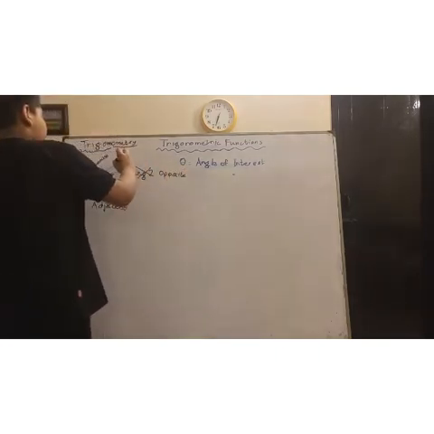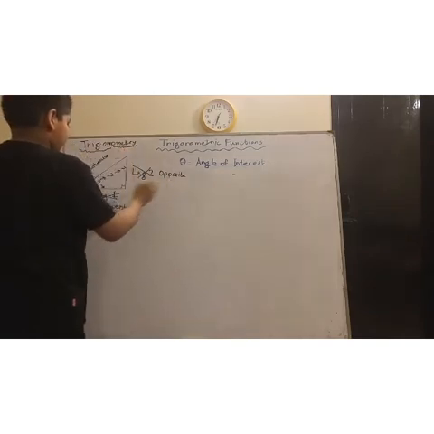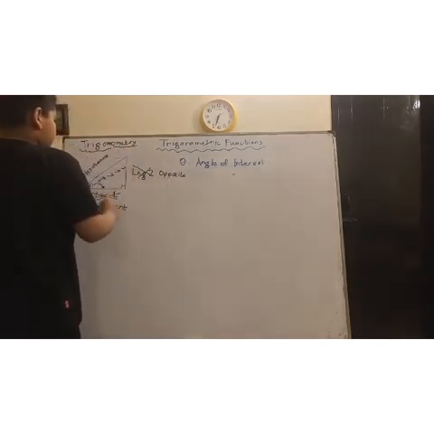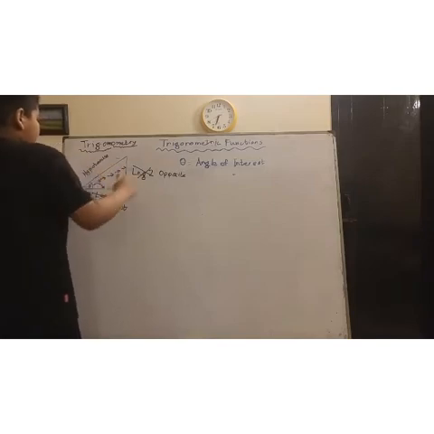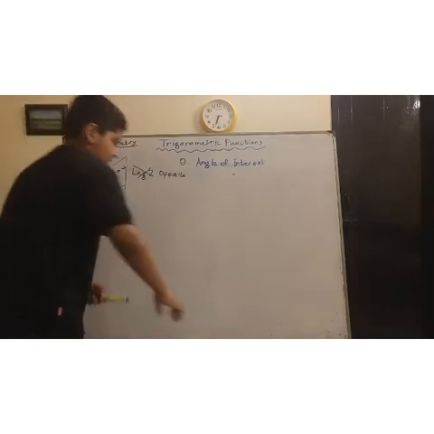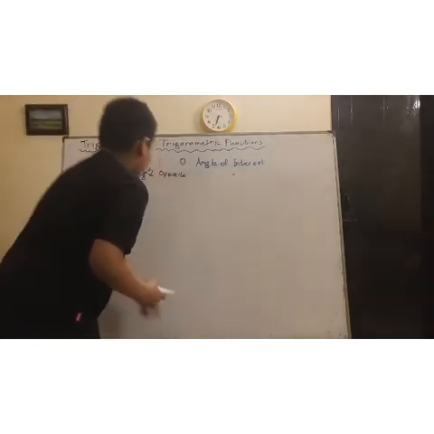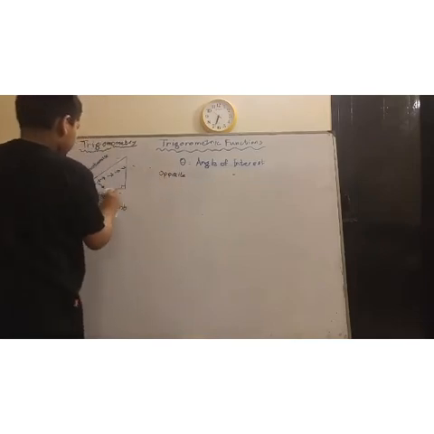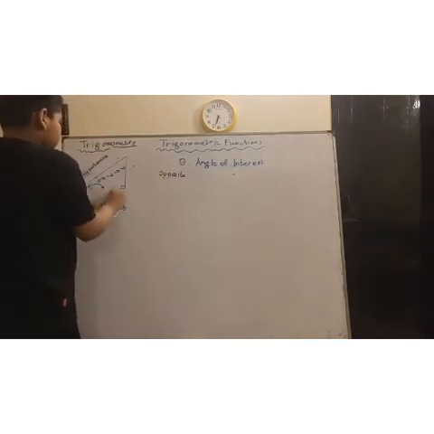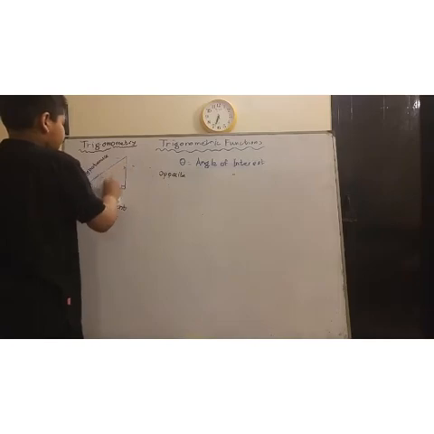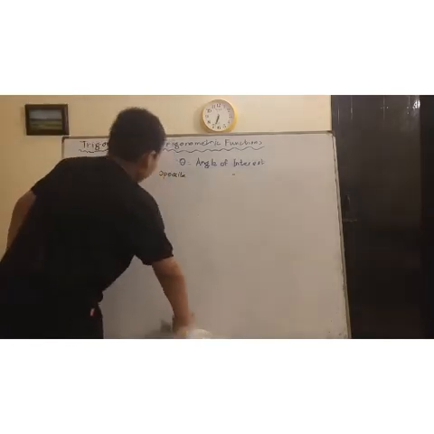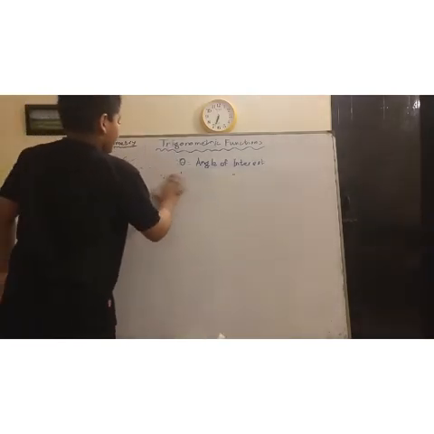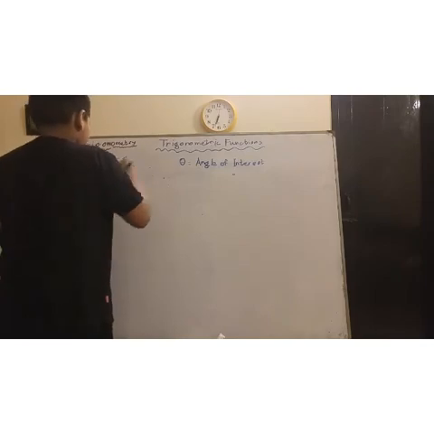Now, if our angle of interest was here, this was going to be adjacent and this is going to be the opposite. But let's just stick with this. The hypotenuse won't change. Now, let me erase that, otherwise this will get messy. And let me write opposite.